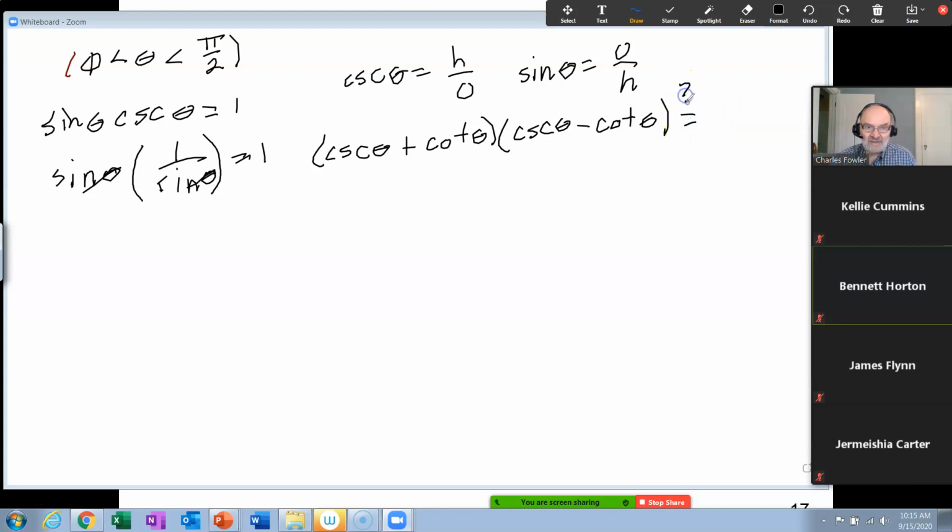Now we don't know if it is. I should have put a question mark here. That's what we're trying to show. Is it true? That's what an identity tells you, whether it's true or not. Is that equal to 1?